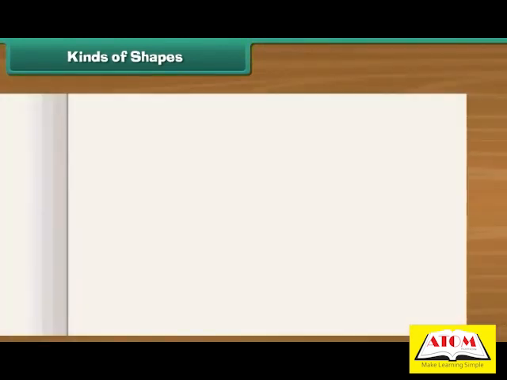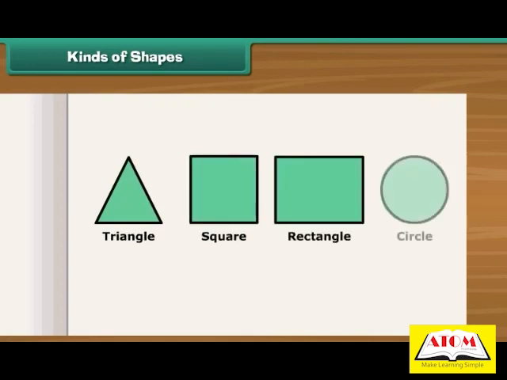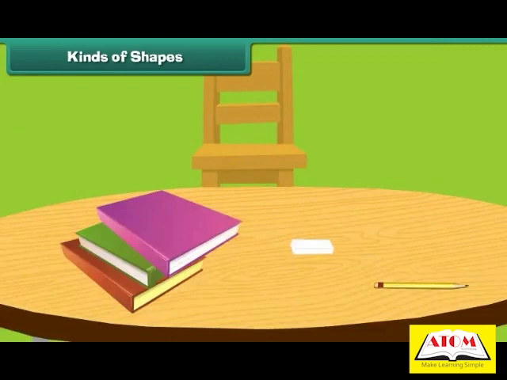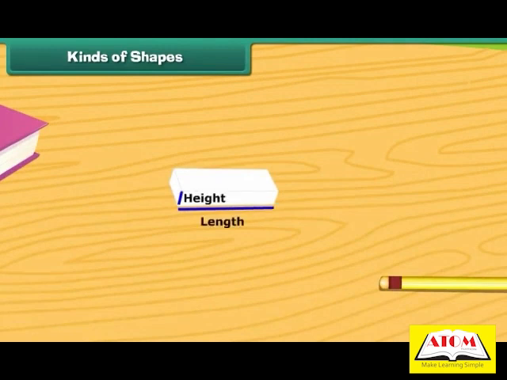The shapes that we draw on paper, such as triangles, square, rectangle, circle, etc., are called plane shapes. Plane shapes are also known as 2D objects. Solid shapes are also known as 3D objects. All 3D objects have depth which 2D objects do not have.